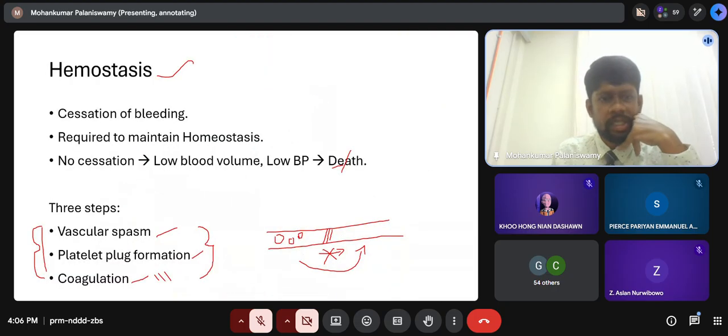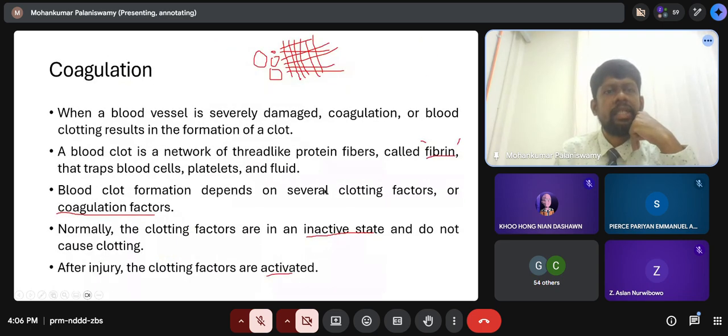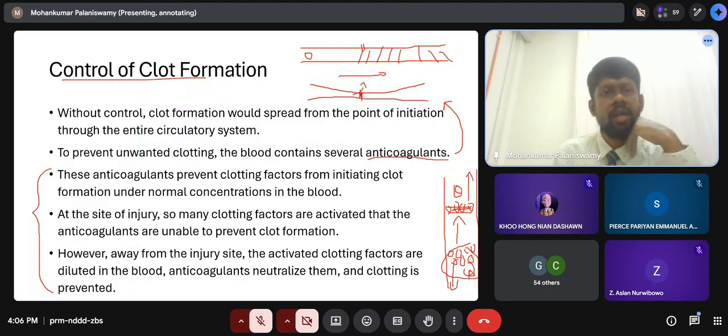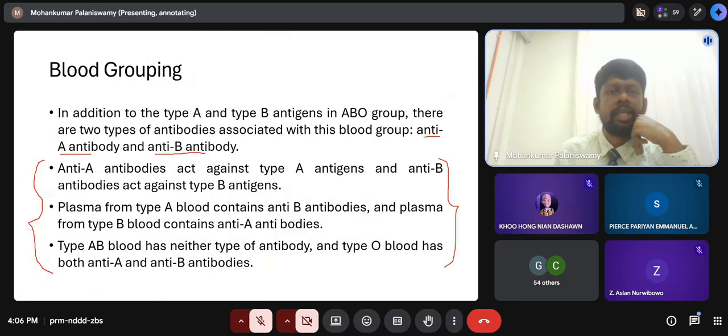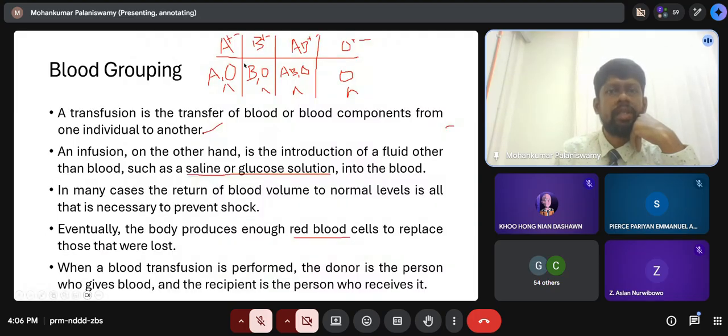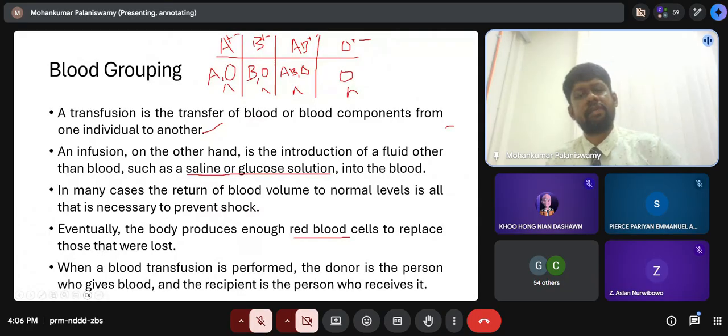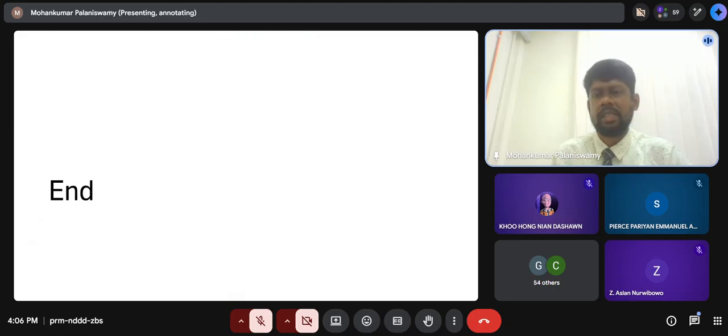Then hemostasis, how hemostasis occurs by vascular spasm, platelet plug formation, and coagulation. Then how the clot formation is kept under control. Then blood grouping. Next class, I will try to explain blood grouping again along with the positive and negative factors, A positive, A negative, B positive, B negative, all those things.